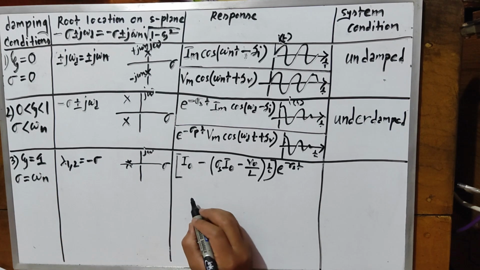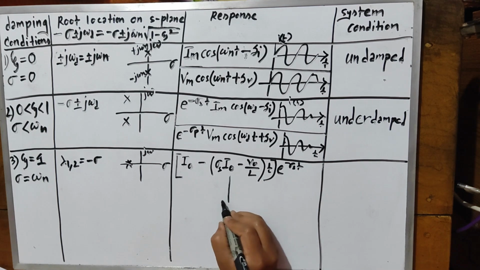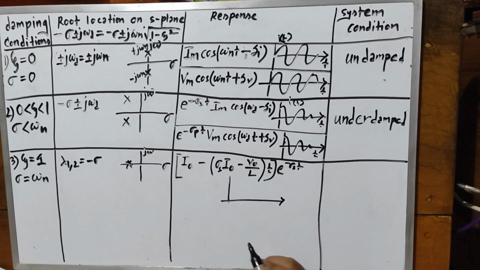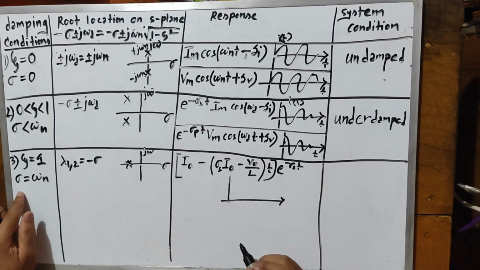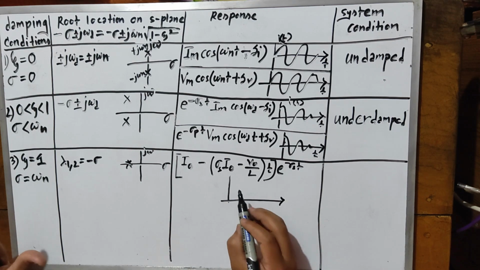For this, the response will be, this is the case where the Napier frequency is equal to the oscillating frequency.